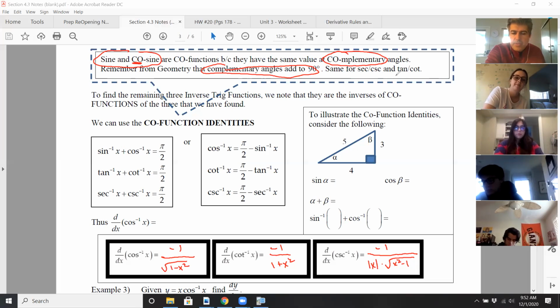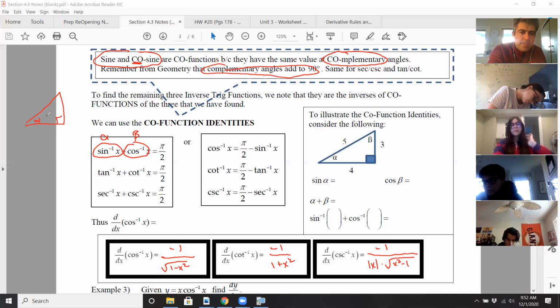So there are these things called cofunction identities. Let's say I call this alpha, and say I call this beta. So I'll put alpha here and beta here. So if alpha equals inverse sine of x, then of course x equals sine alpha.